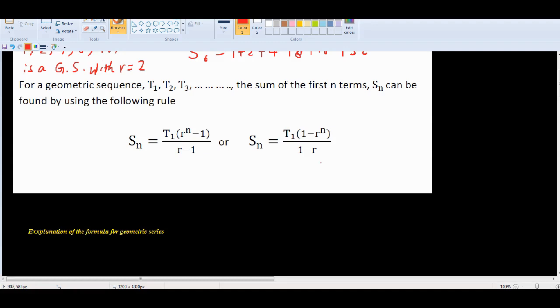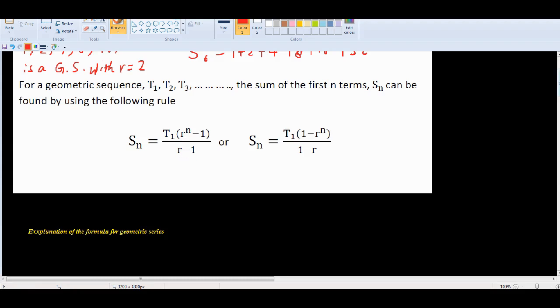But if you see the denominator, it also changes from R minus 1 to 1 minus R. So both denominator and numerator have changed, and in that sense the two formulas are the same. You might use whichever you want, but you need to be consistent. If you use R to the power n minus 1, then in the denominator you must have R minus 1.